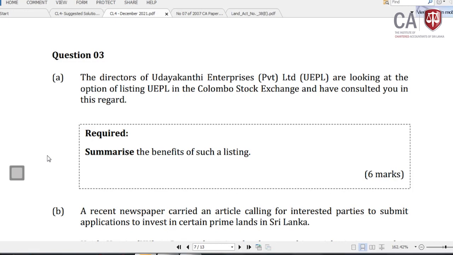Therefore, they will not take that risk. They will not invest in private limited companies. One thing, you can't withdraw your investment whenever you want. The liquidity is very low. But they prefer to invest in listed companies.